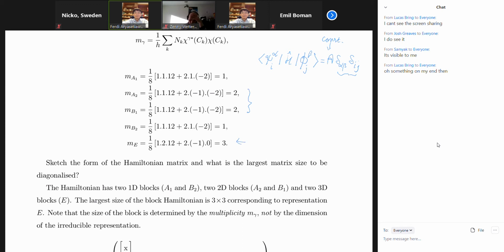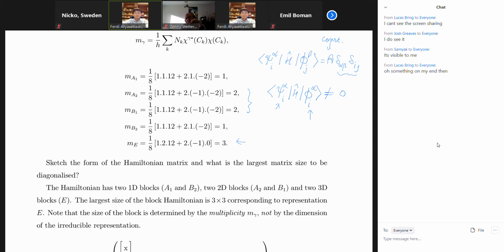So this formula here tells us that if the representation is the same, then this matrix element is not 0. If I take phi alpha the same, this is not 0, even though psi and phi belong to two different blocks.